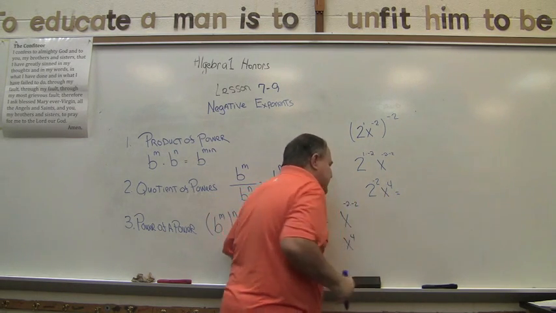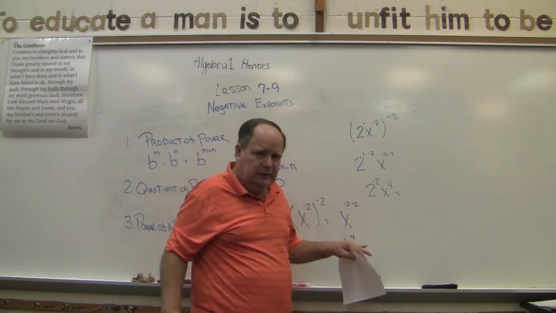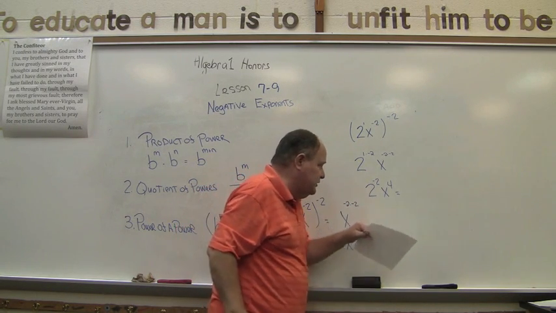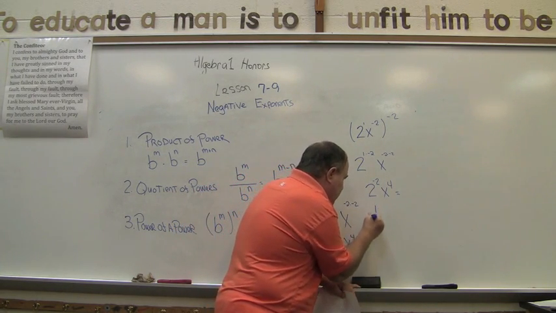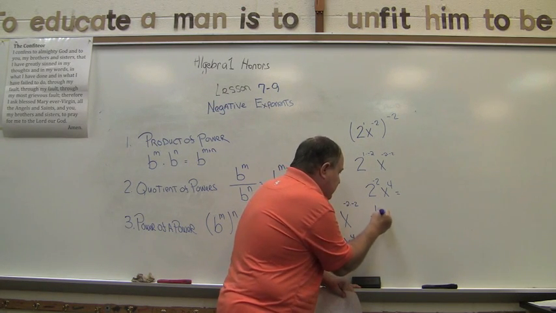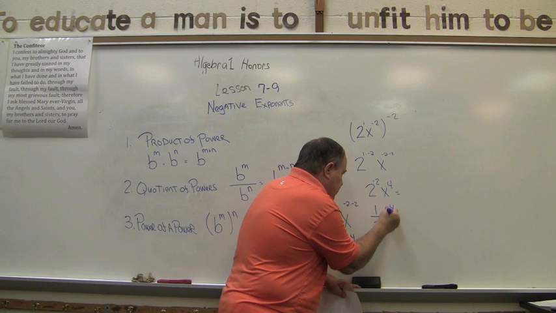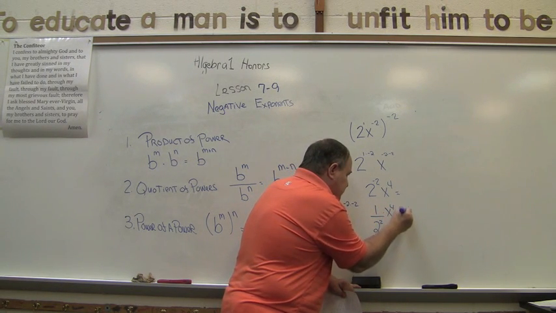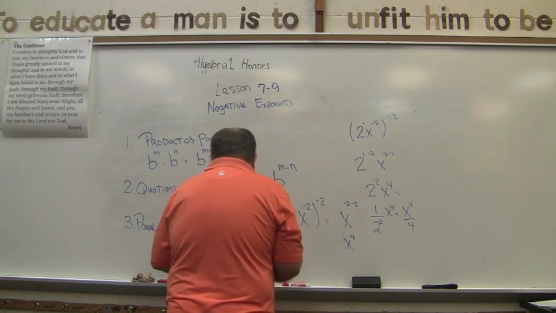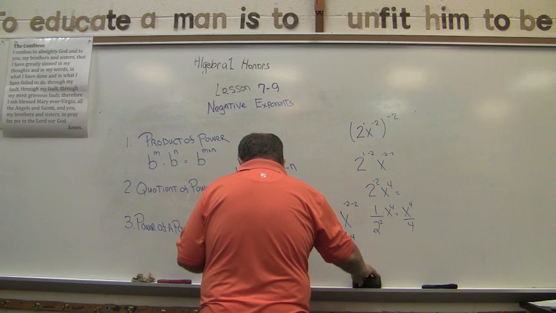Now if I wanted to write that in all positive exponents, I'd have to send this guy south of the equator. I have to take its reciprocal, which would be 1 over 2 squared. And on top, I would have x to the fourth. And answer would be x to the fourth over 4. Okay, and that's what we call the power of a power, or the power rule.